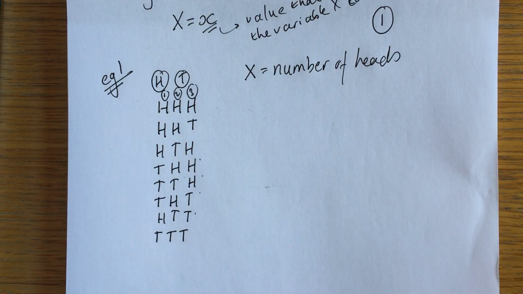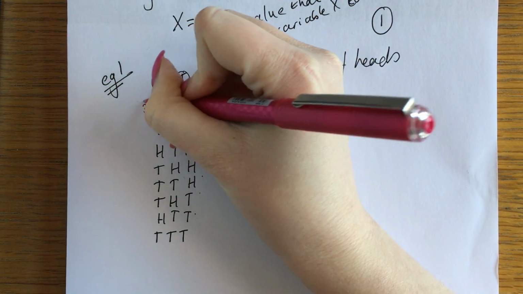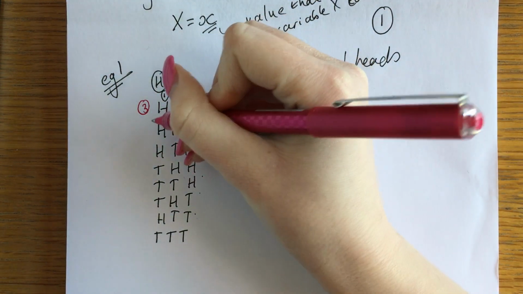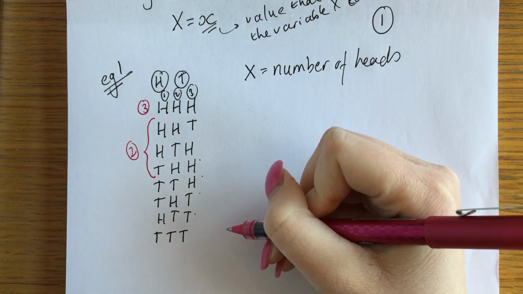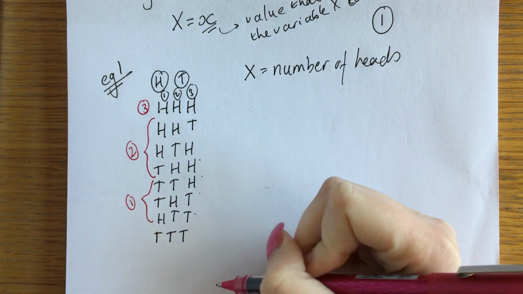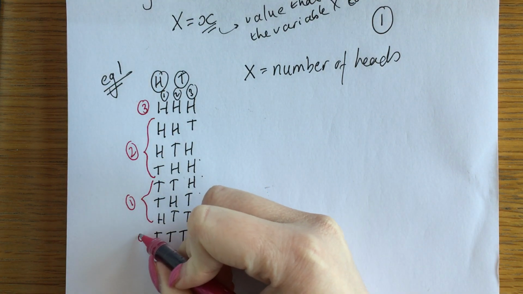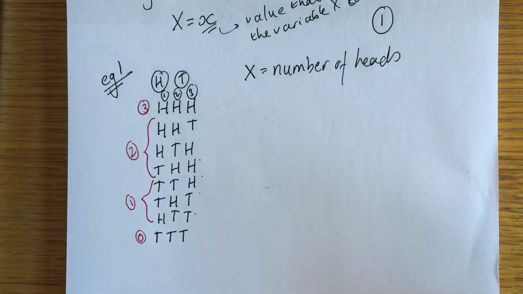First of all, I need to differentiate my outcomes. I've got 3 heads here. In each of these 3 cases, I have 2 heads. In each of these 3 cases, I have 1 head. And in this case, I have no heads. So they're the only possible outcomes.